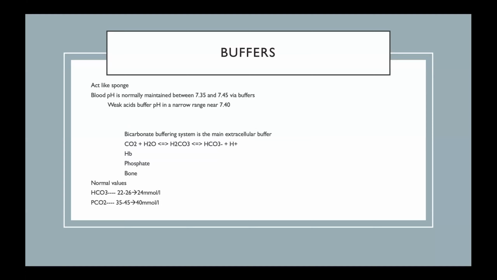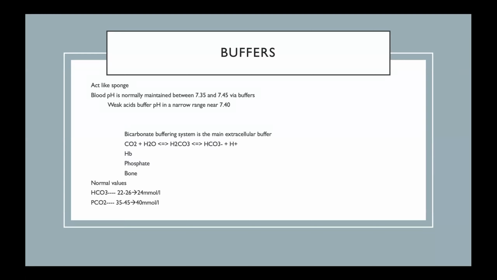Buffers absorb excess hydrogen or excess alkali and maintain the normal pH. The main buffer in the body is bicarbonate, which is the main extracellular buffering system.